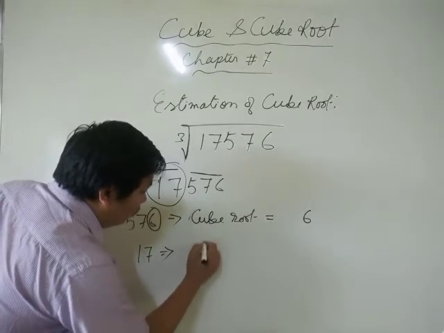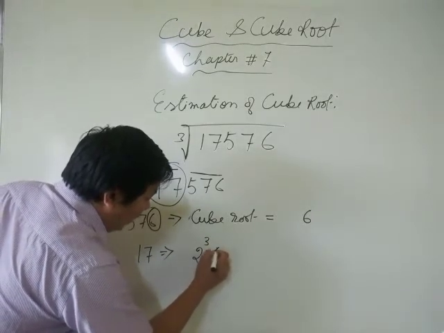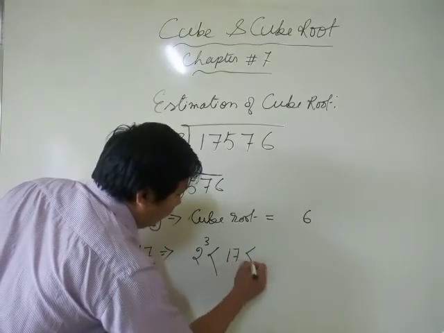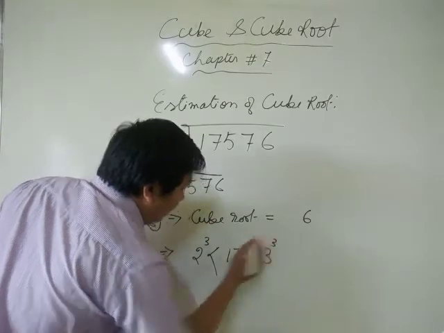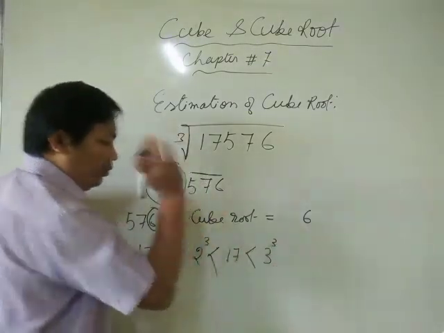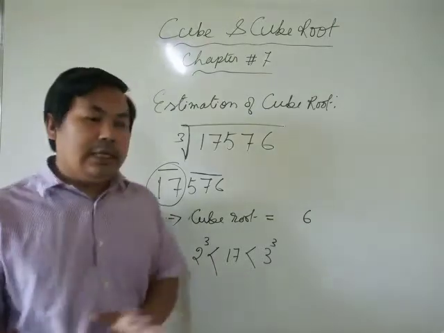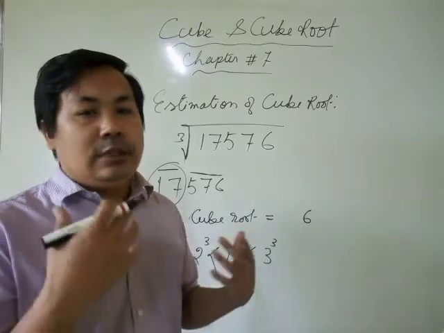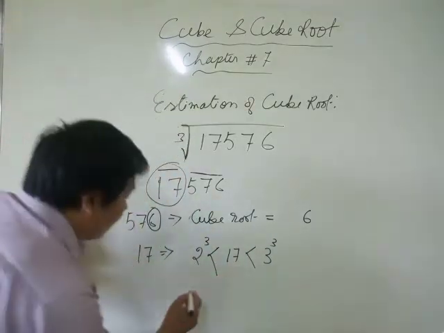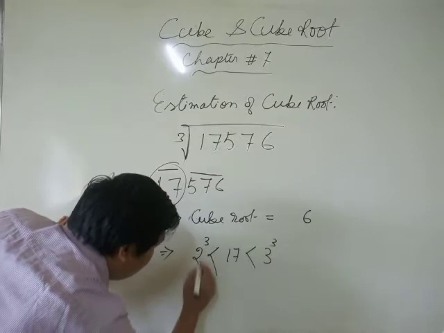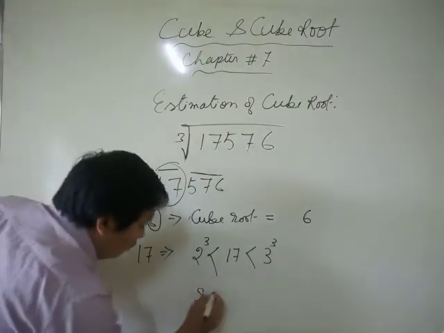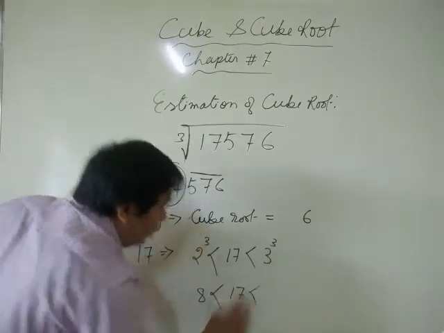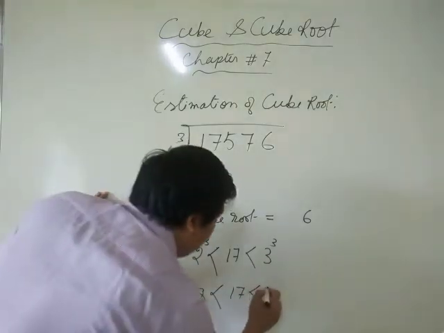the cube of 2 and the cube of 3. This number 17 lies between the cubes of two consecutive numbers, 2 and 3. 8 is the cube of 2, and 17 is greater than 8 but less than the cube of 3, which is 27, isn't it?